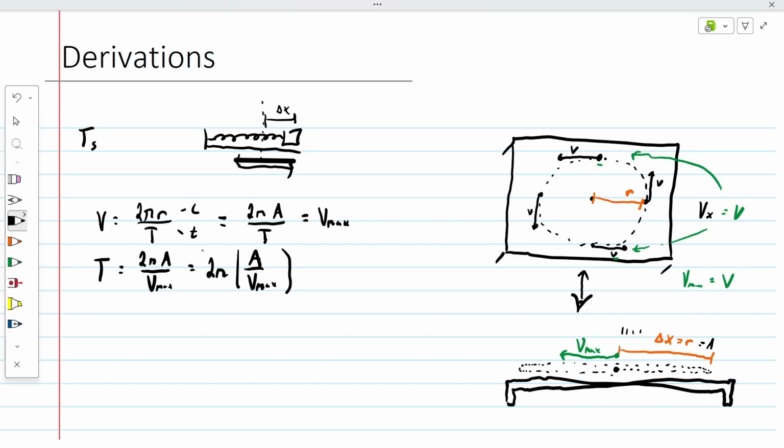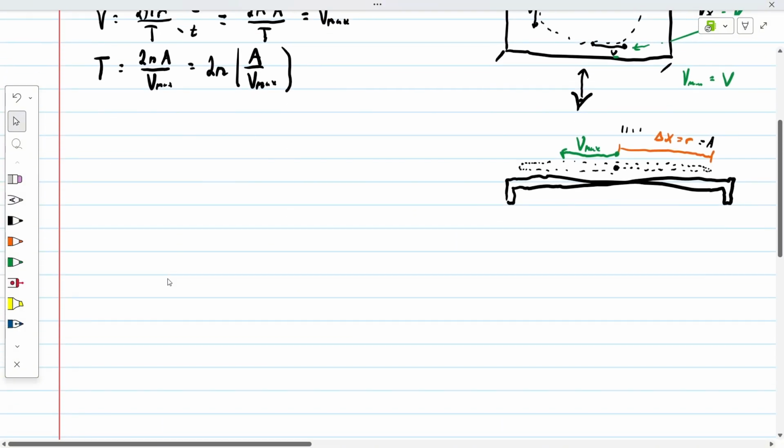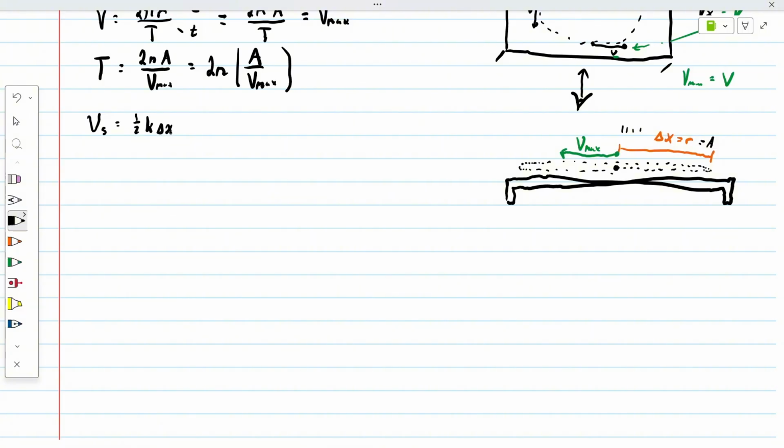And to do this, we're going to have to use the energy of the spring situation here. We actually haven't learned about spring potential energy yet, and we'll learn that in a later video where we talk about energies of simple harmonic oscillators. A little preview into that is that the potential energy of a spring is 1/2 k change in x squared.